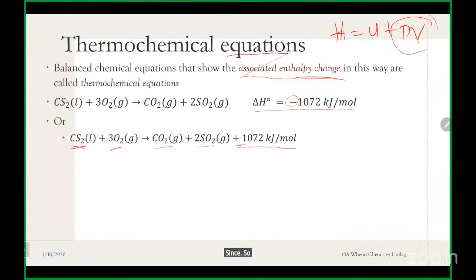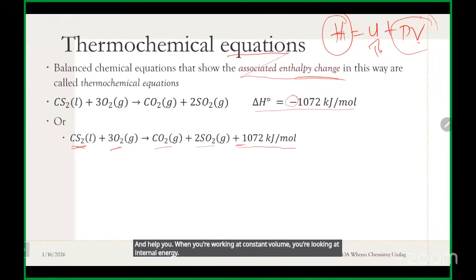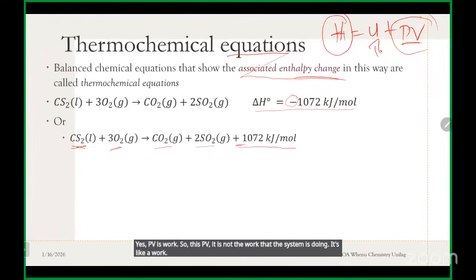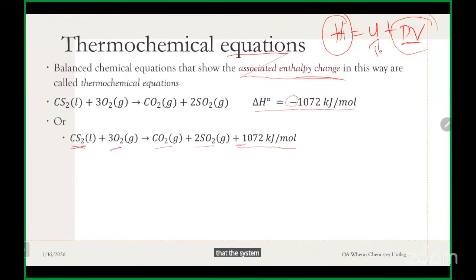And that's why I mentioned before that when you're working at constant pressure, you're looking at enthalpy. When you're working at constant volume, you're looking at internal energy. Yes, PV is work, but it is not the work that the system is doing. It's like a work that the system has internally with itself to keep itself stable. That's the best way that I can explain it at the moment.